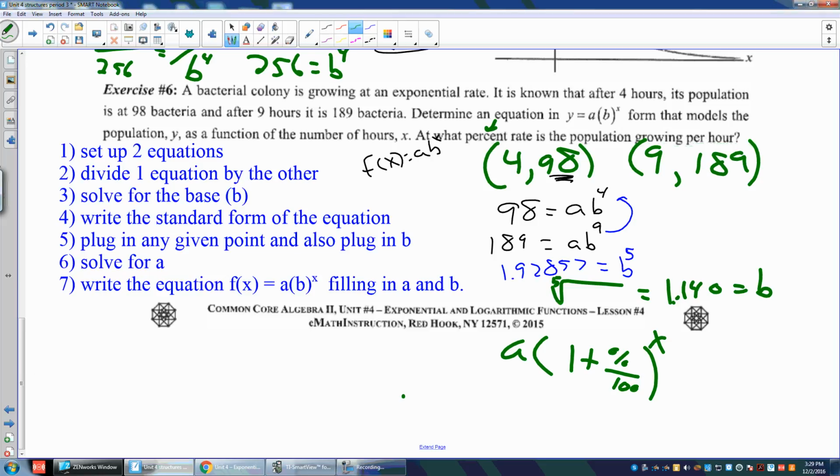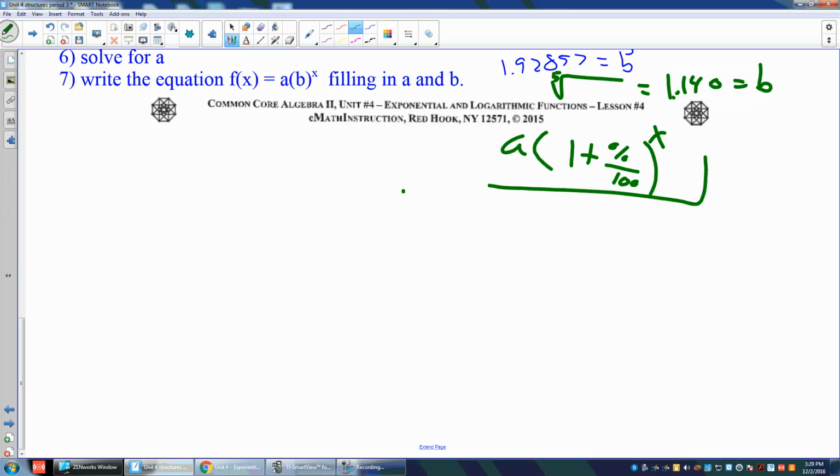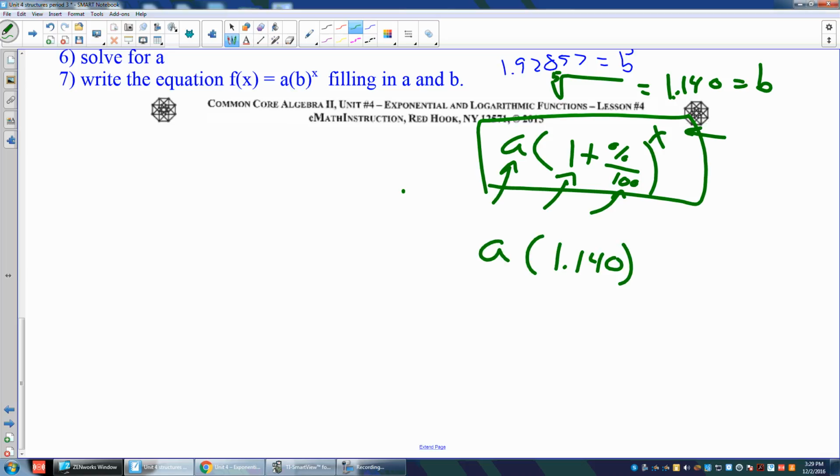You may remember from 5th grade that this formula right here is exponential growth. A is the starting amount. We have 1 plus percent over 100 raised to the x. That's an exponential equation. So here, a times 1.140, because that's what b is, to the x.